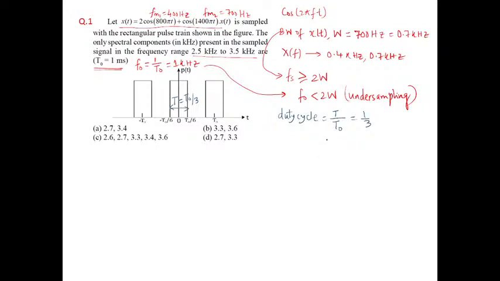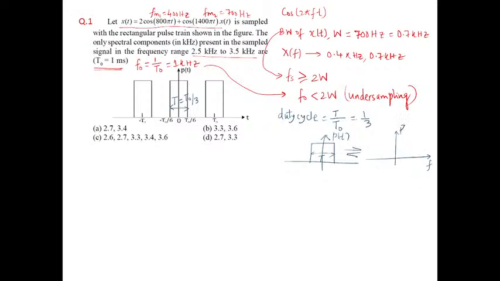Now what can you say about the Fourier transform of a simple rectangular pulse with a pulse width equal to T? This is p(t). Now what can you say about P(f)?